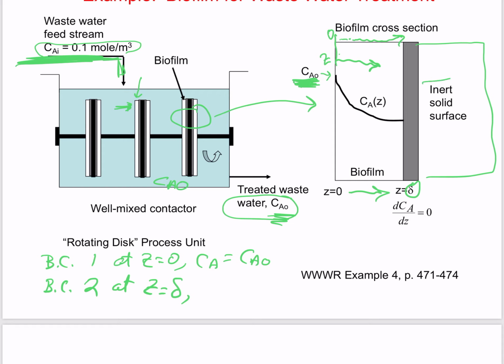And she makes a point of telling us it's an inert solid surface. So there's no mass flux into that surface because it's inert. Which means if there's no mass flux, then the gradient has to be 0. So we know that dCA dZ at Z equals del is equal to 0.